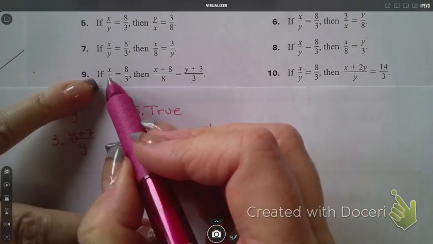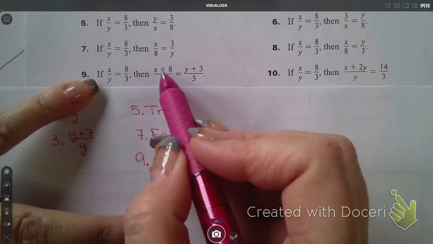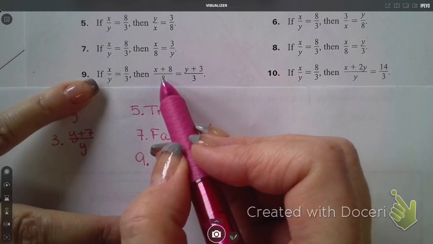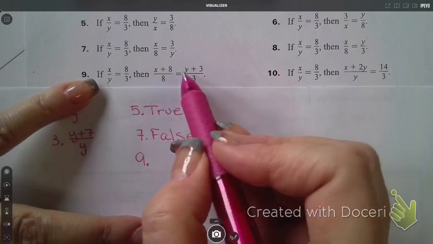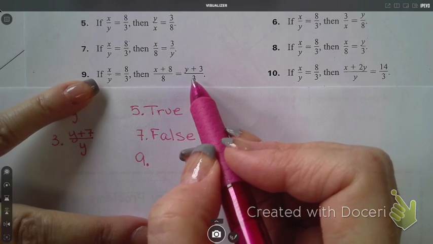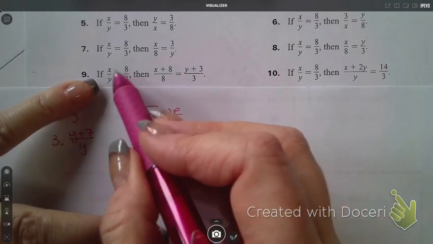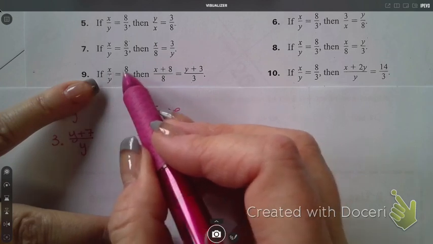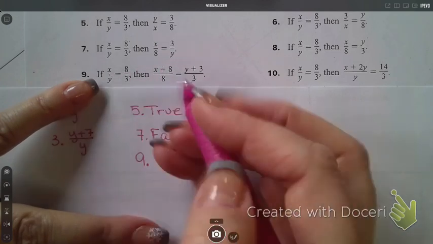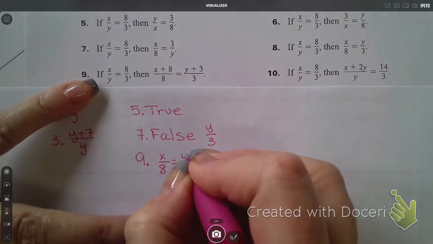Okay, 9. If x over y equals 8 over 3, then x plus 8 over 8 equals y plus 3 over 3. Can I write this as x over 8 equals y over 3?